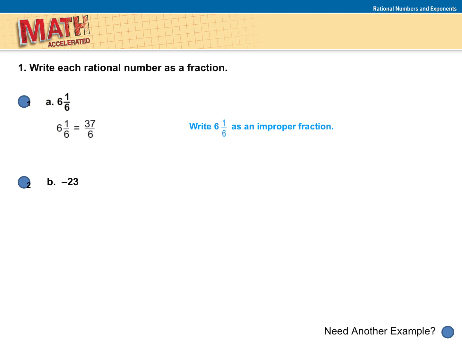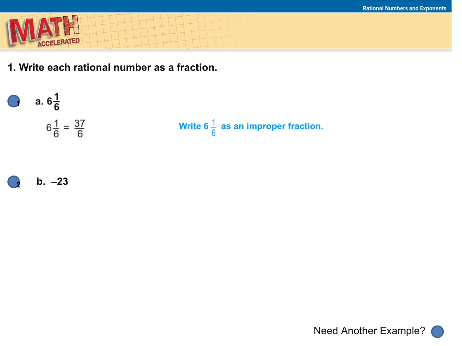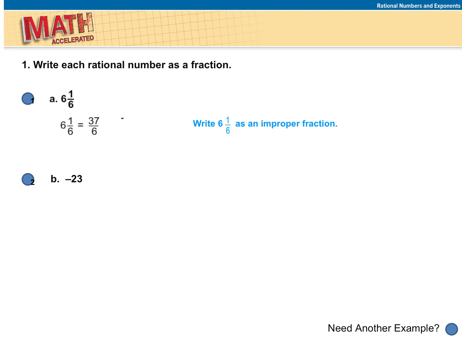And then we add 1. 36 plus 1? 37. So that is our new numerator. And then our denominator stays the same as what it was up here. Okay, so you start at your denominator, multiply, add, and then you rewrite. That is writing it as a fraction.